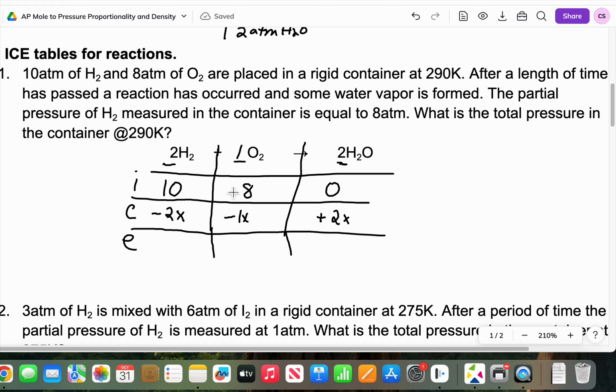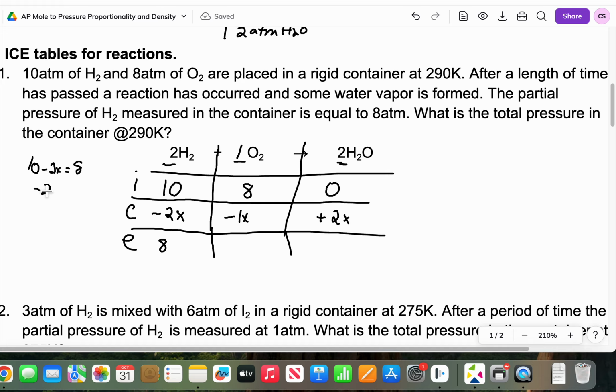Okay, and some water vapor is formed. The partial pressure of H2 measured in the container is equal to 8 atmospheres. That's after the reaction has occurred. So we know that this went down to 8. Some of it was used, but not all of it. There's 8 left. So now you can do a math problem: 10 minus 2x equals 8.